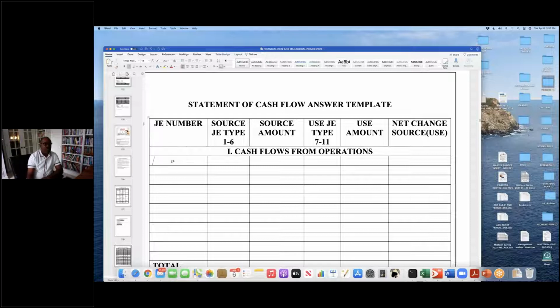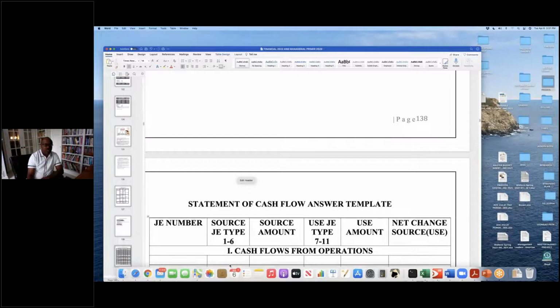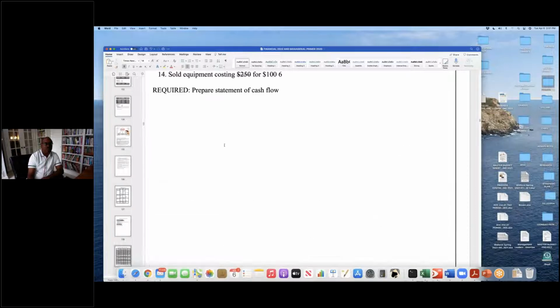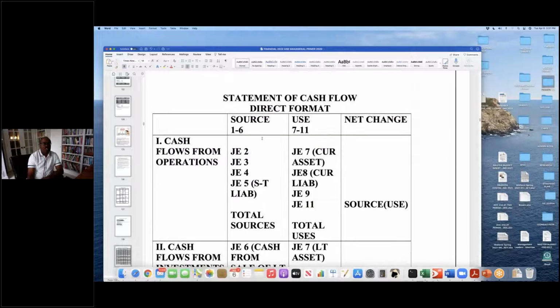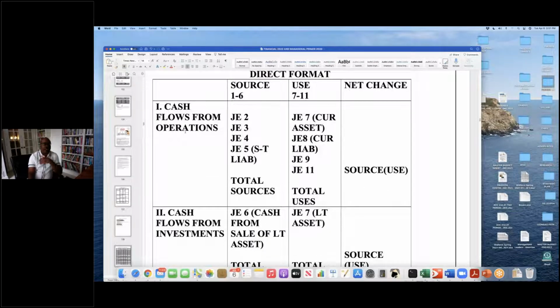So in terms of 1 through 6, we know they go here, but you look at this sheet to see whether they're in operations. So 1 through 6 is going to be a source. 7 through 11 is a use.